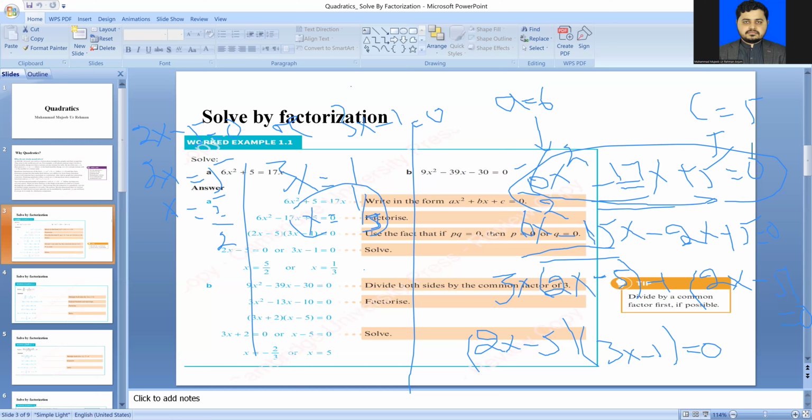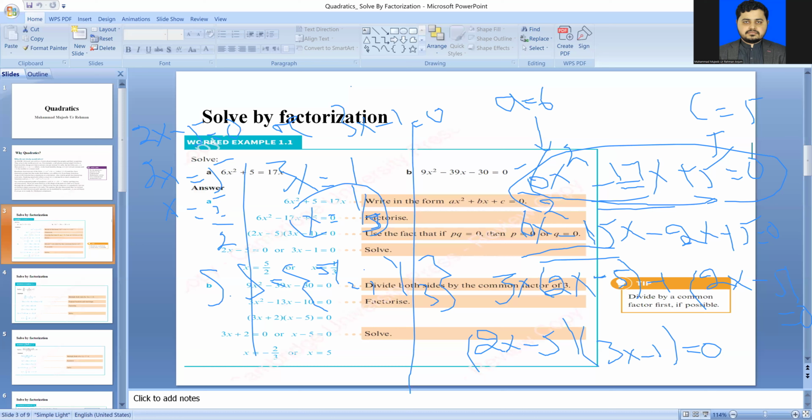In this way we can solve for our values of x, and enclose them into a single solution set: one value is 5 by 2 and the other is 1 by 3.